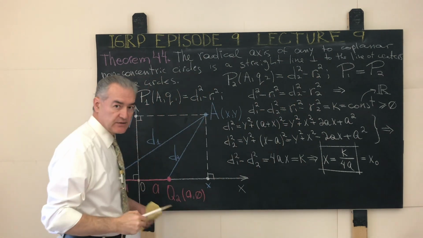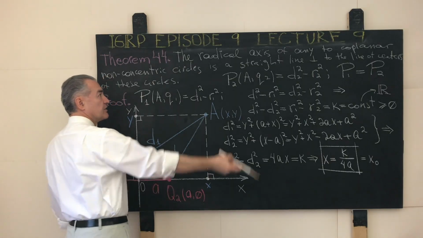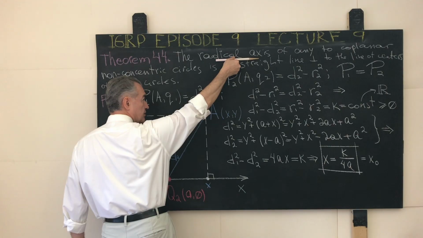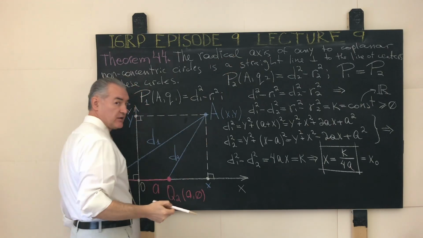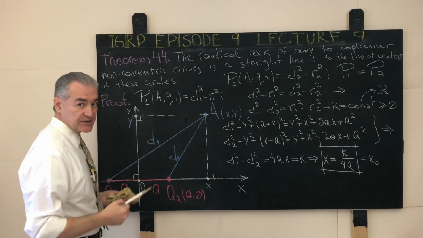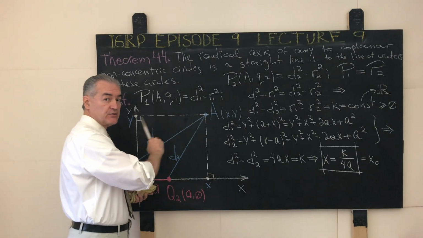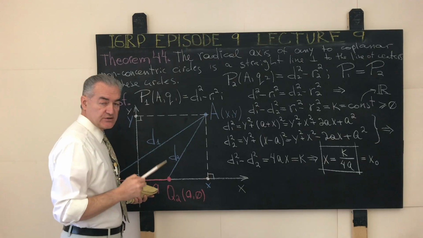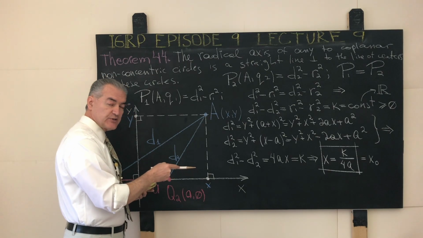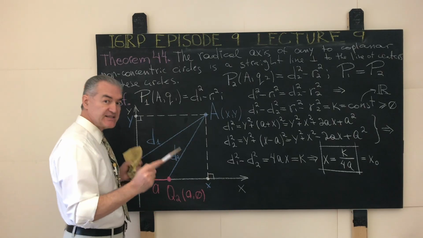Wonderful. Once we do that, next step, what are we after? We're after the radical axis of these two coplanar and non-concentric circles. And in the previous segment, what did we say about this radical axis? It is a set of points in the parent plane, each of which has the following property. The power of that point with respect to both circles is the same.